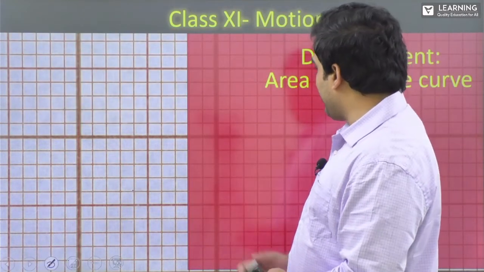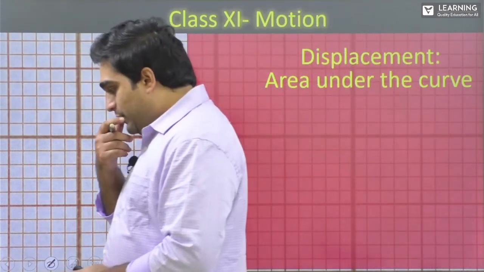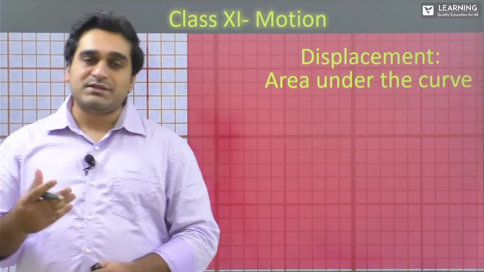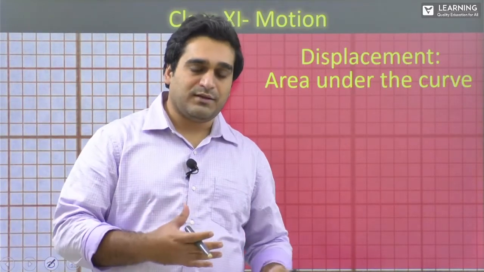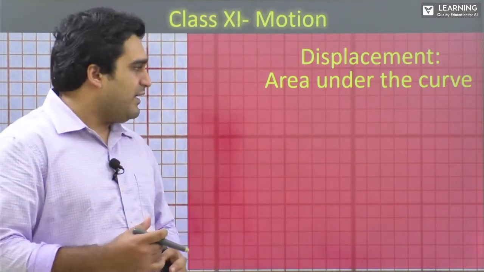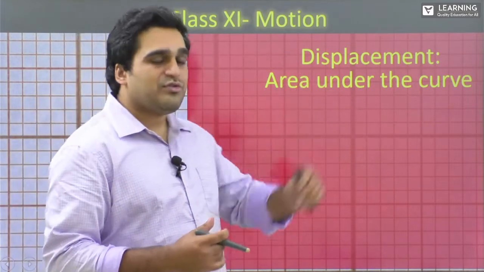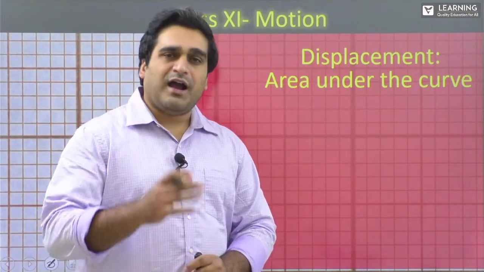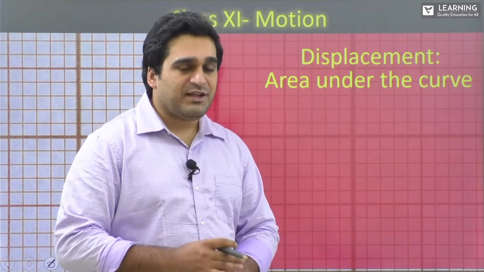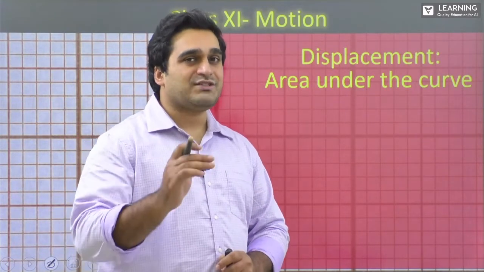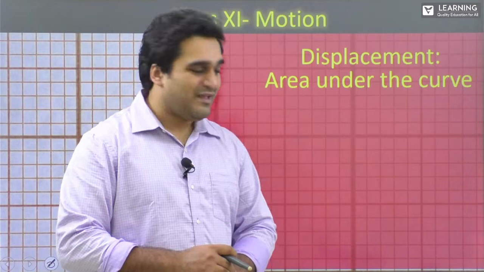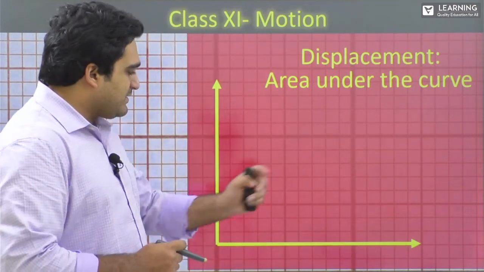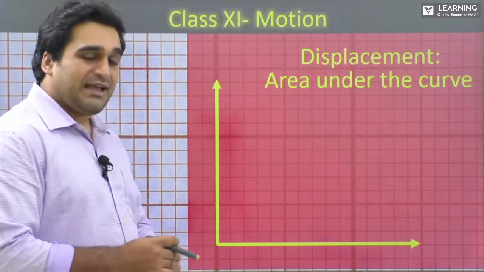One more thing about a graphical method is you can identify a quantity which is also a displacement. How do you determine displacement in a velocity time graph? Let's take the two reference axes, your y-axis and x-axis.